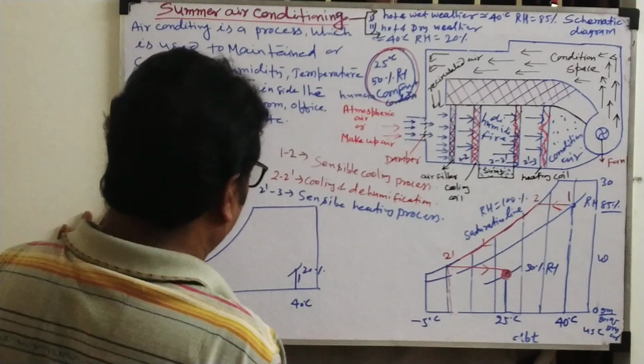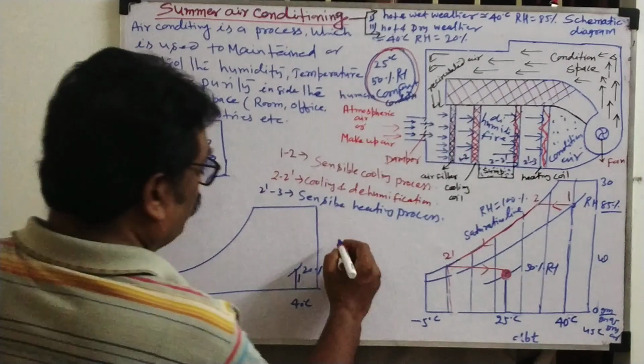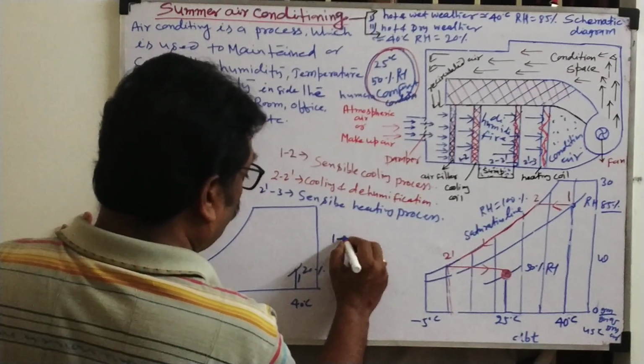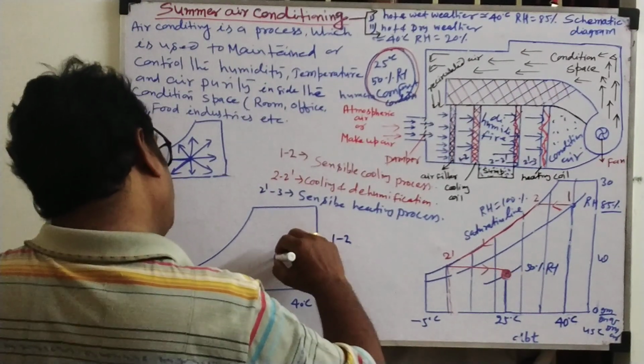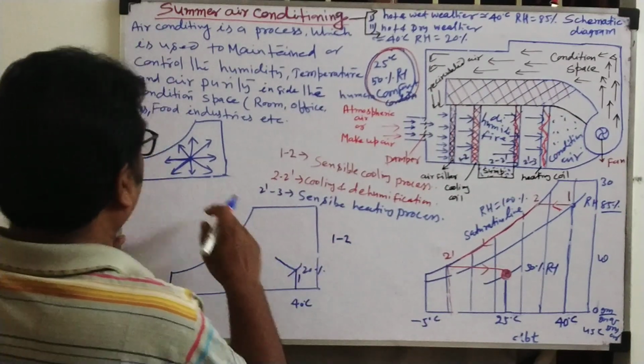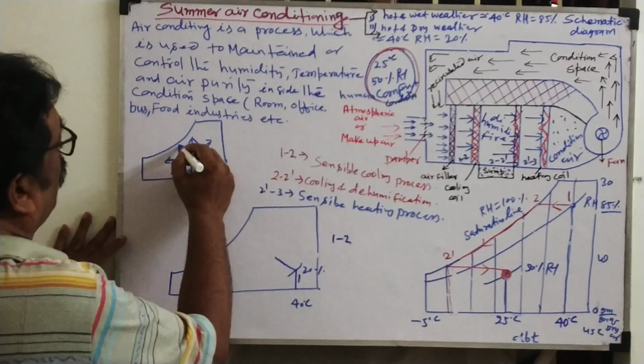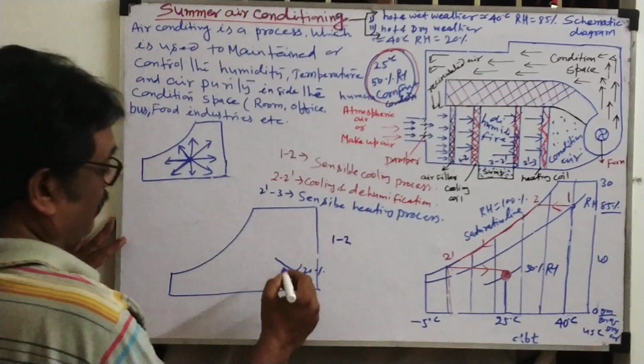Now, what psychrometric process do they adopt? The 1 to 2 process, you see here, is the adiabatic humidifier, which is cooling and humidification.